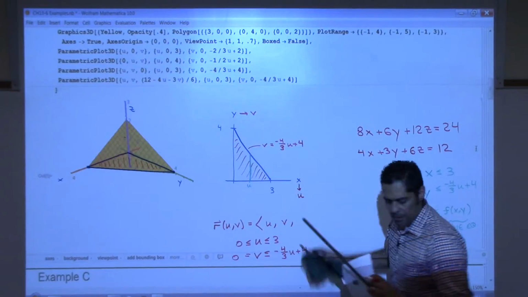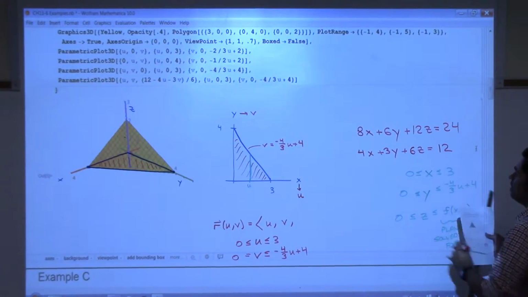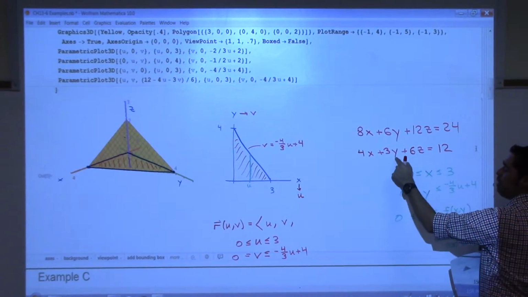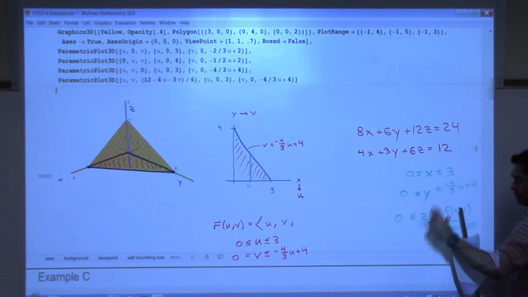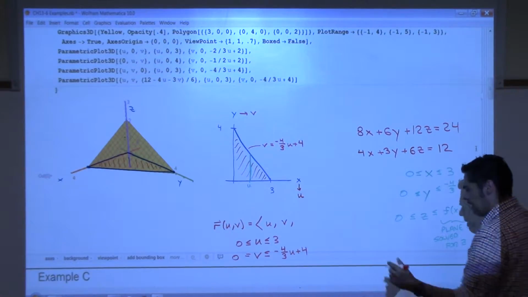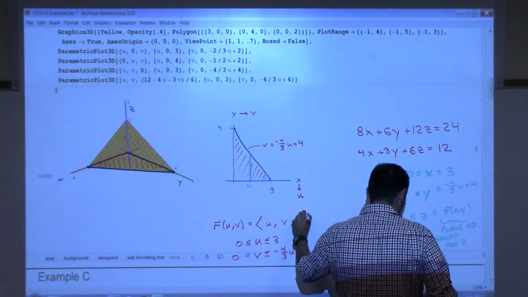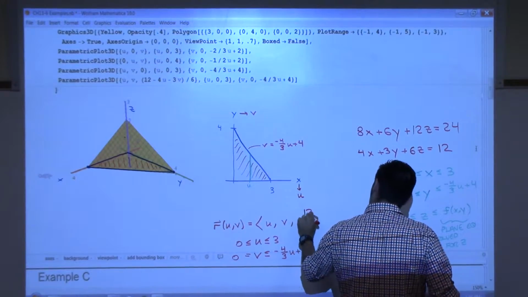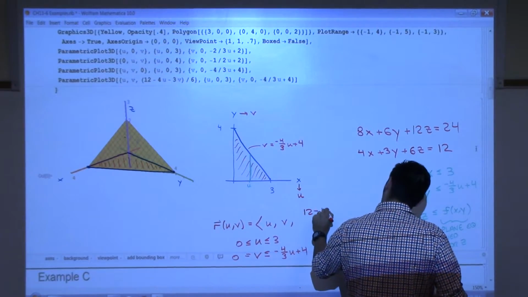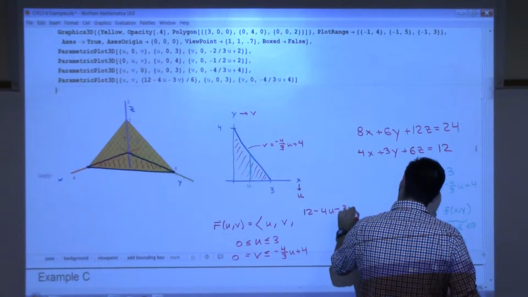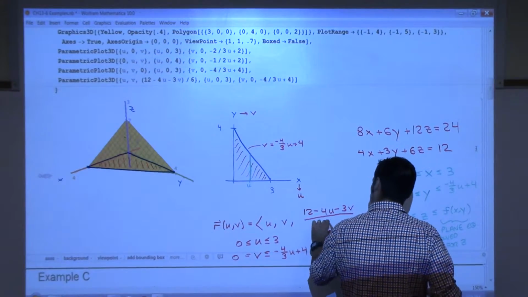All right, so here I'm going to solve this for z and replace x and y with u and v, right? So I got, I left it as like this, 12 minus 4u minus 3v over 6.